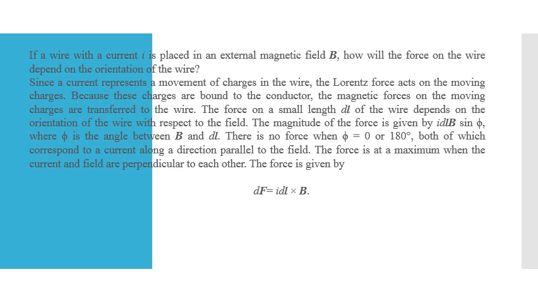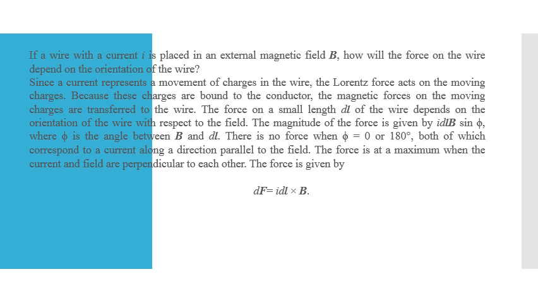So if a wire with a current I is placed in an external field, how much force acts on the wire depends on the orientation of the wire. Since a current represents a movement of charge in the wire, the Lorentz force acts on moving charges.